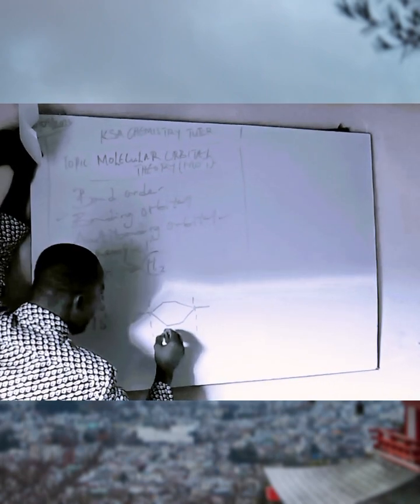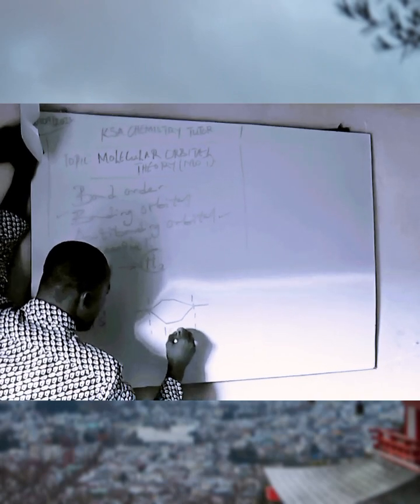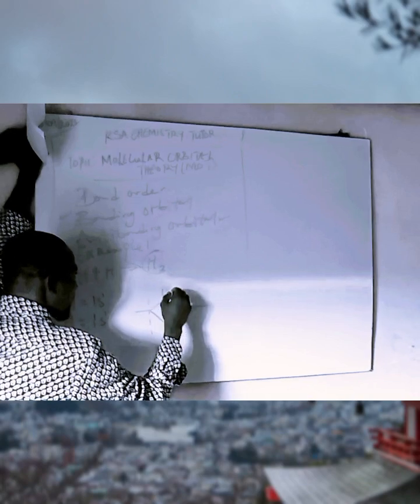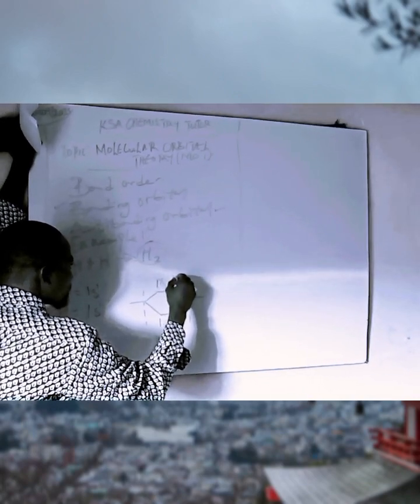To separate the anti-bonding from bonding orbital, we use an asterisk to denote the anti-bonding orbital. Now, because hydrogen belongs to S block, we are going to say 1 sigma s bonding orbital, and here will be 1 sigma s anti-bonding orbital. This side is for one hydrogen, and the second side is for the second hydrogen that makes the hydrogen molecule.